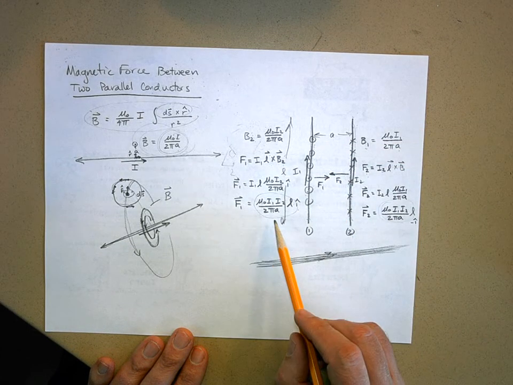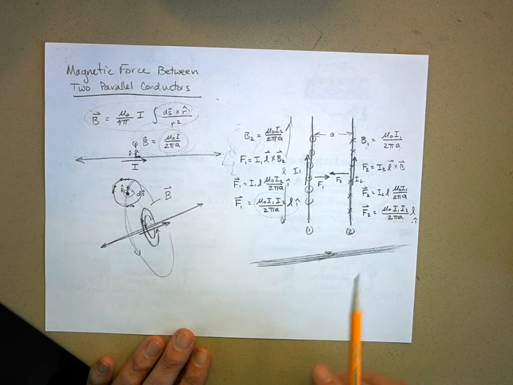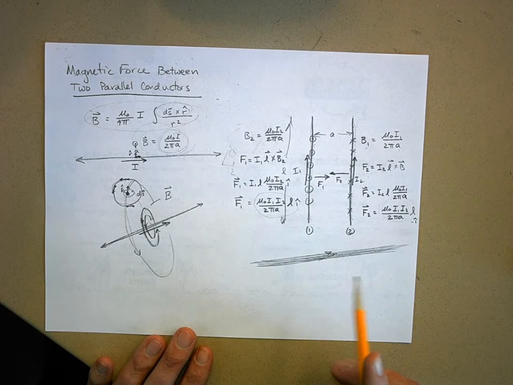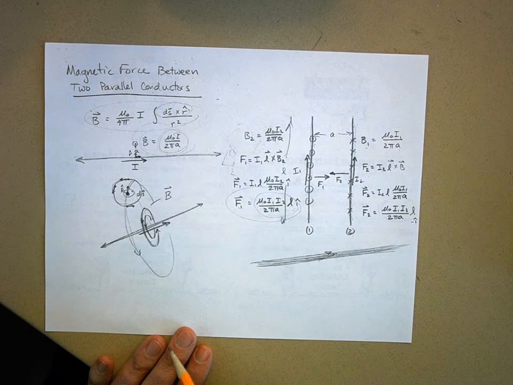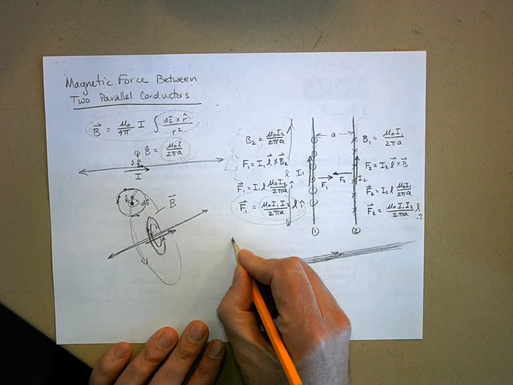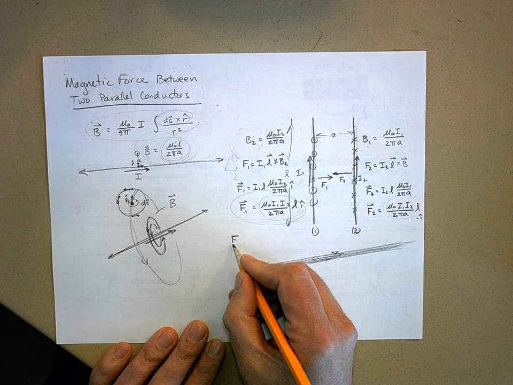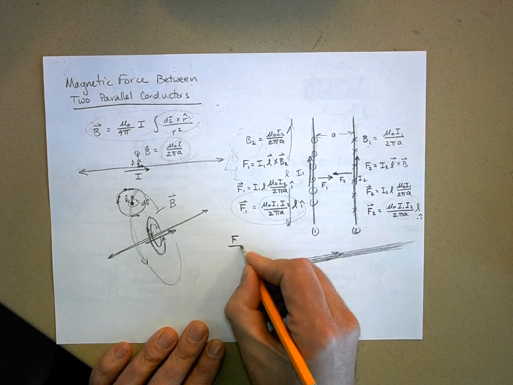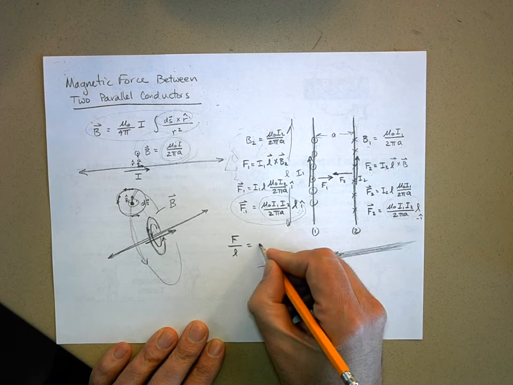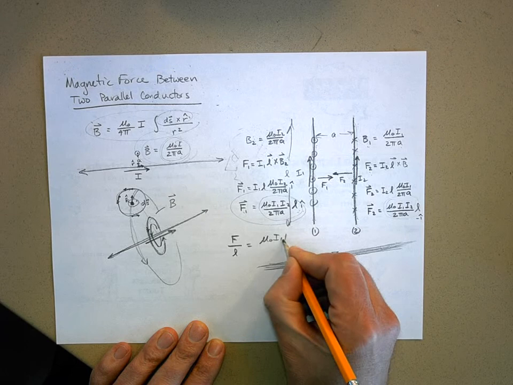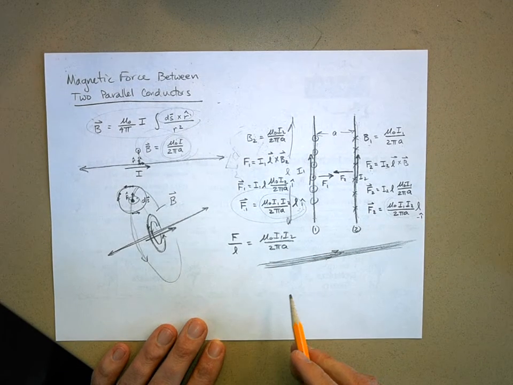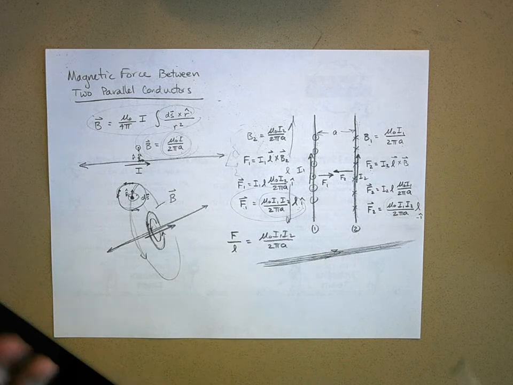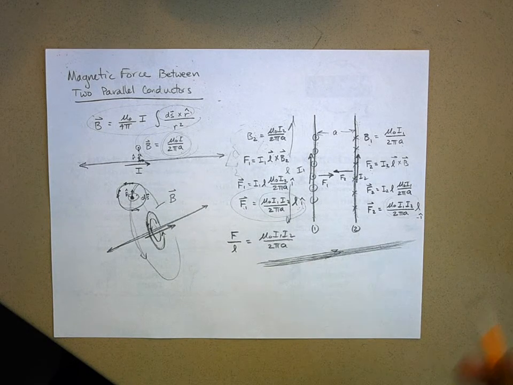Now, by the way, one last thing. Quite often they will take this equation and divide both sides by L. Let's just deal with the magnitude. The force per unit length is equal to mu naught I1 I2 over 2 pi A. They'll just say the force per unit length is 30 newtons per meter.